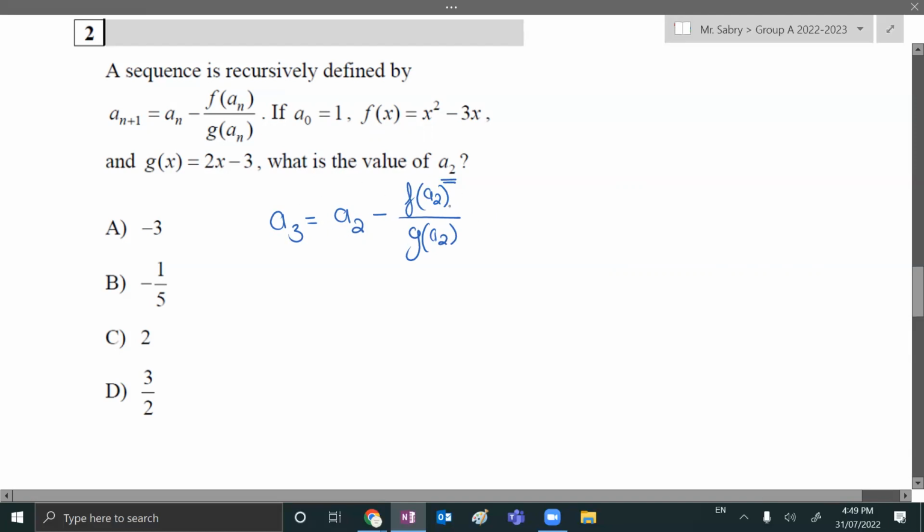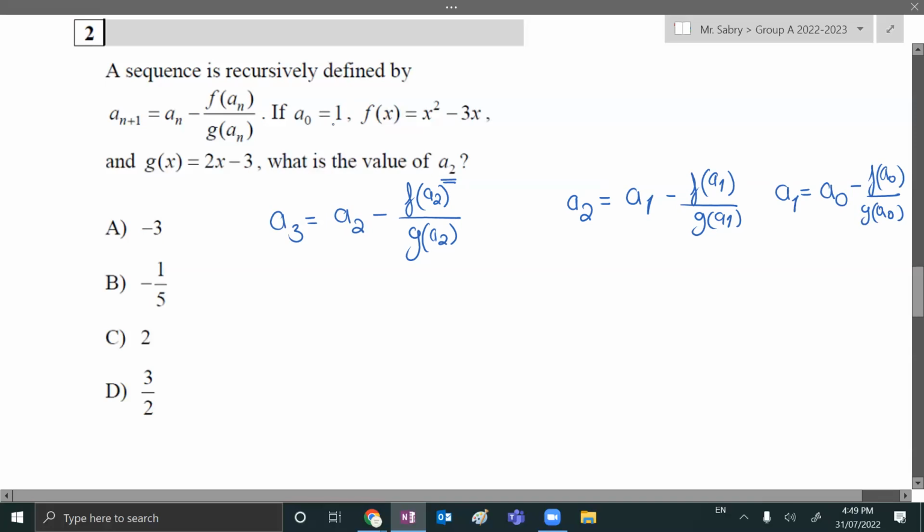So what do I do? I go one step backwards, which means if I need to find a2, I will have to find first a1 minus f of a1 over g of a1. And still, I don't have any of those, so I'll go one more step back. I'll find a1, which needs a0 minus f of a0 over g of a0.